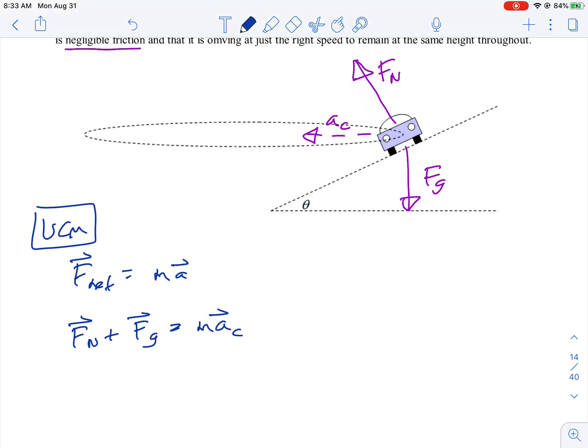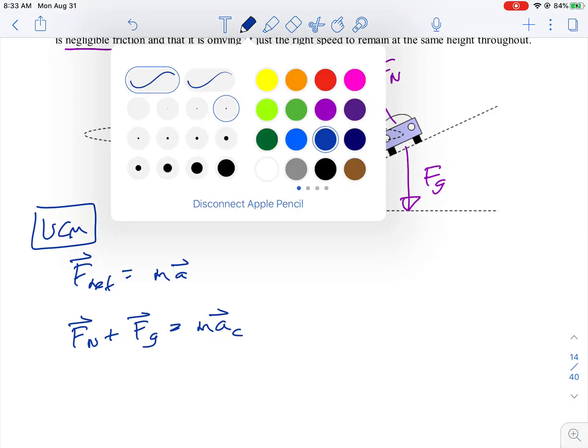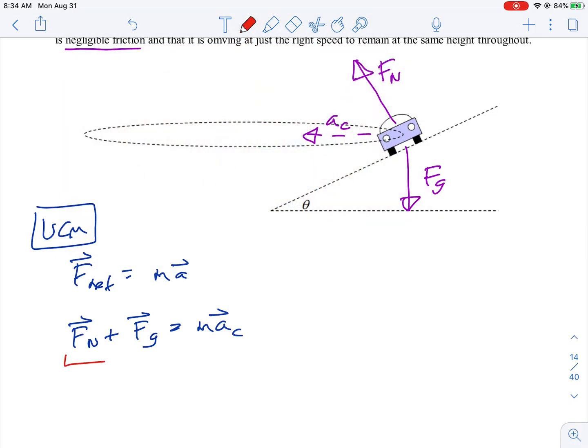So there's our equation. And this actually tells us how to draw the triangle. This one says we're going to add these two together, tail to tip. And then mac is going to represent the resultant vector. That's actually what it's telling us. This is how we're going to draw the triangle.